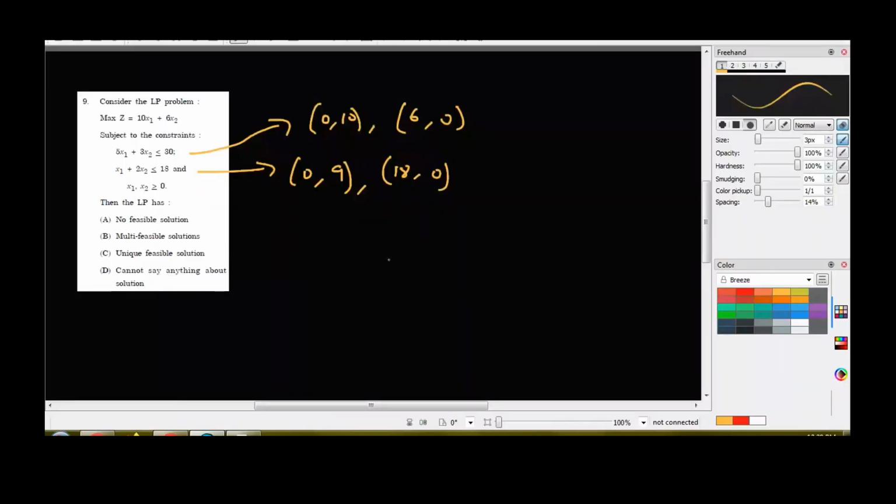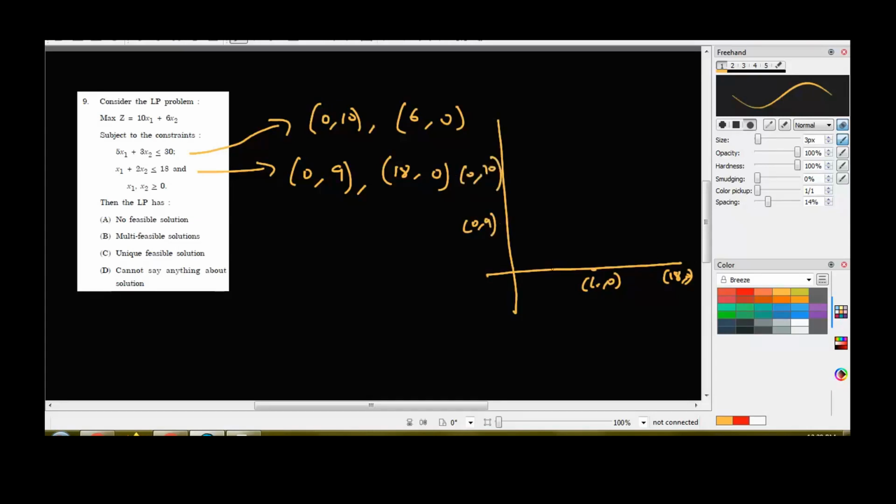So we can plot the lines which have intercepts 6, 0 on the x-axis, 18, 0 on the x-axis, 0, 9 on the y-axis, and 0, 10 on the y-axis.